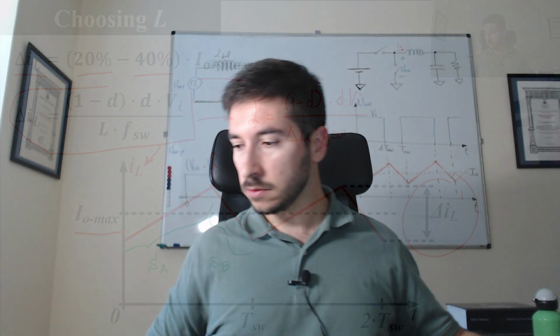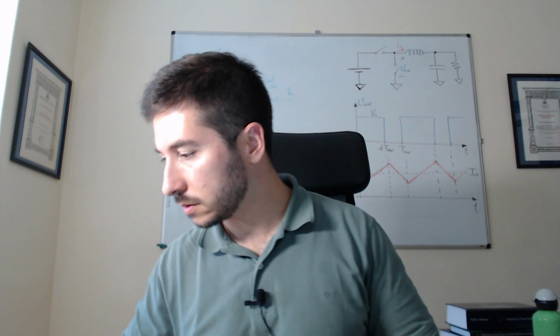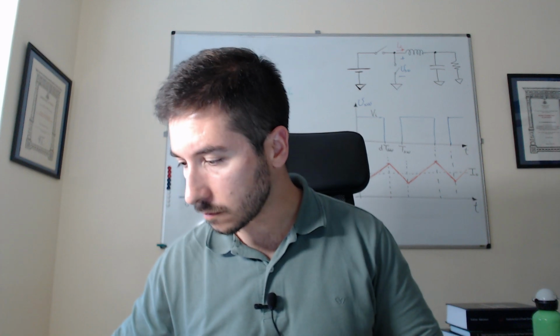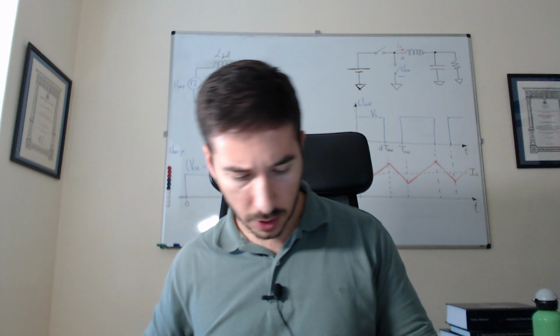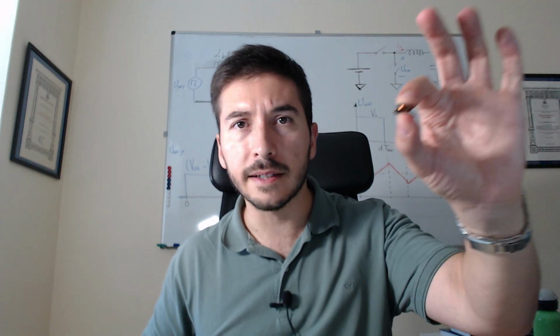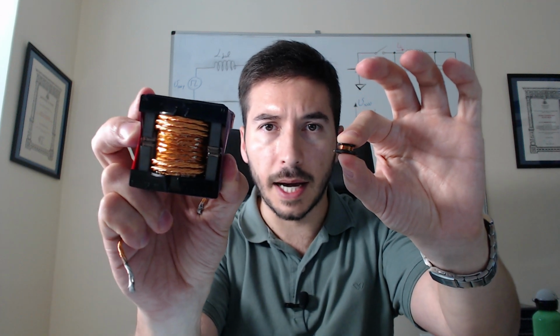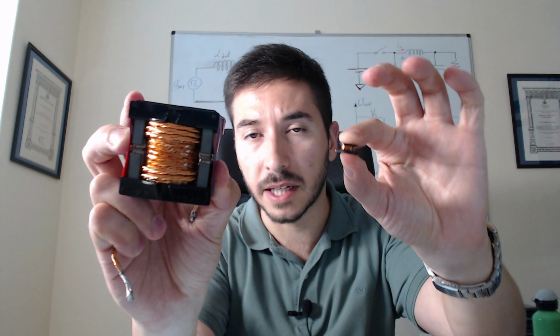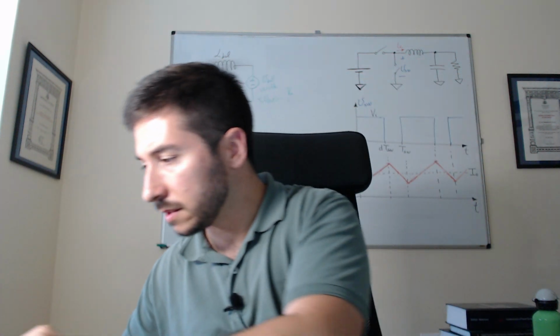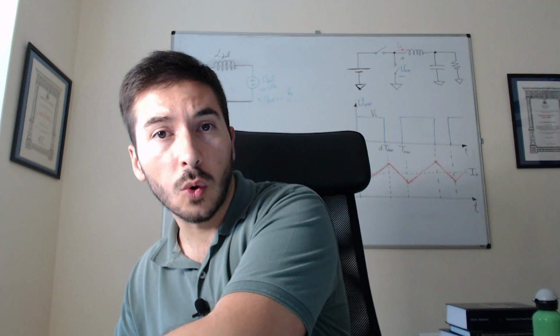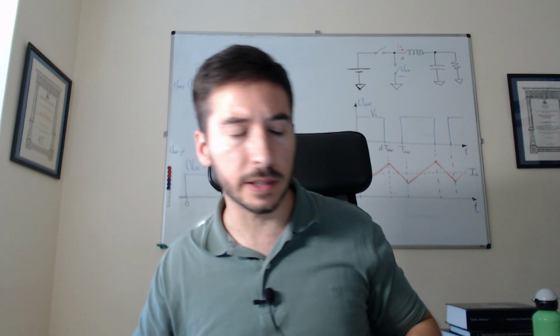Well, second question that we need to solve. At the beginning of the video, we said that here I have 100 microhenries, and here I also have 100 microhenries. My question was, why is the size so different?